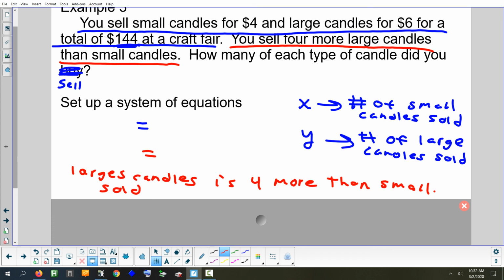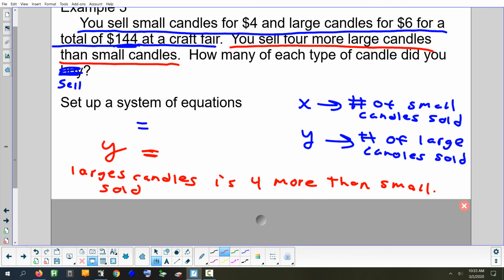How are we representing large candles? Why? Is always gets translated to what in math? Like if I said x is 2, equals. We already have that right there. So large candles is 4 more than small.